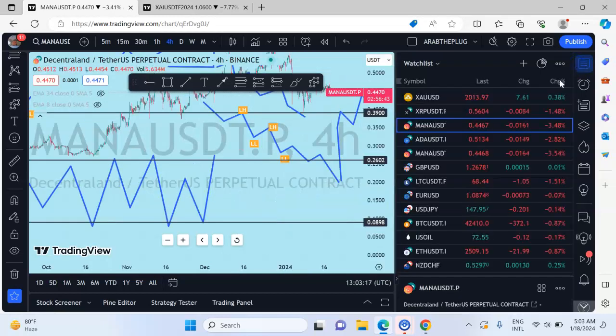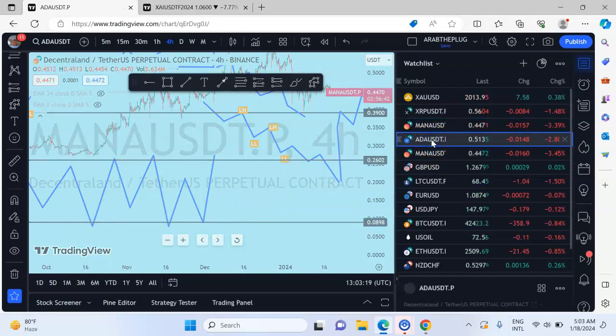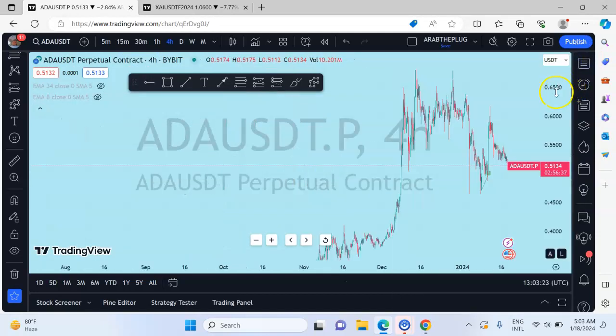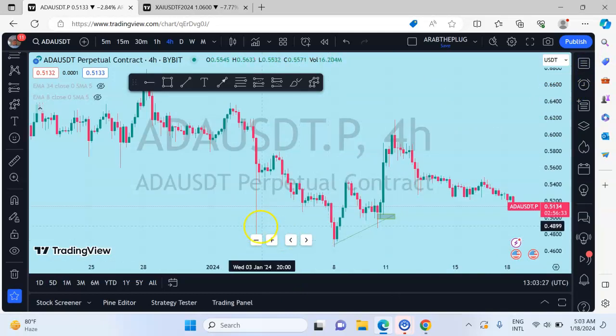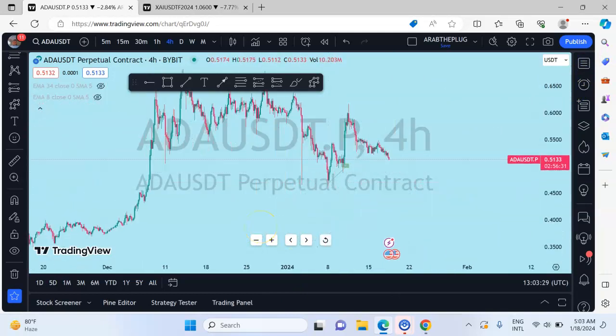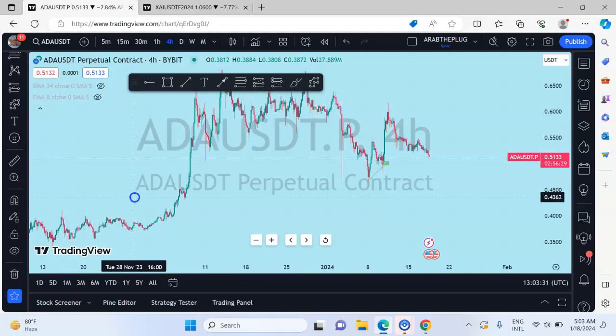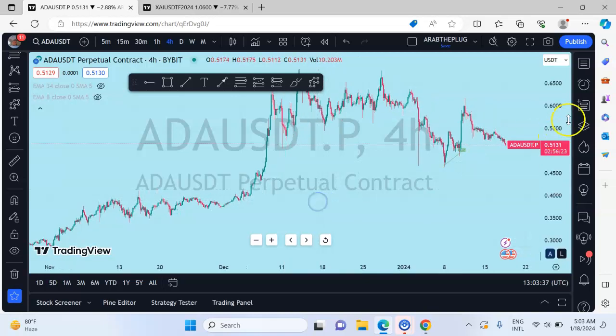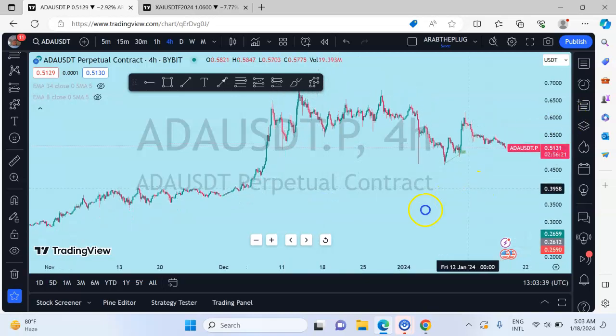So let's go into the real chart and identify this market. This is ADA USDT. If you look at this market, it has been an uptrend from this point going up, but at this point we can say it has started a downtrend movement.